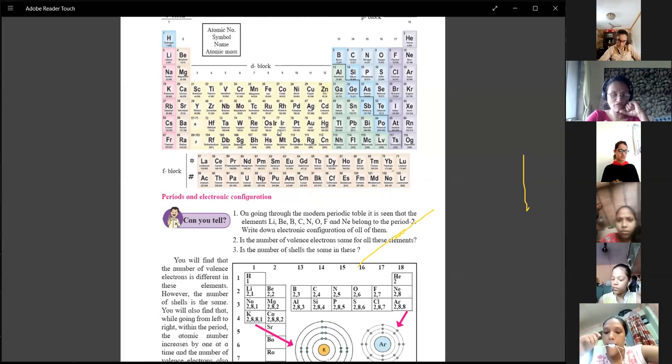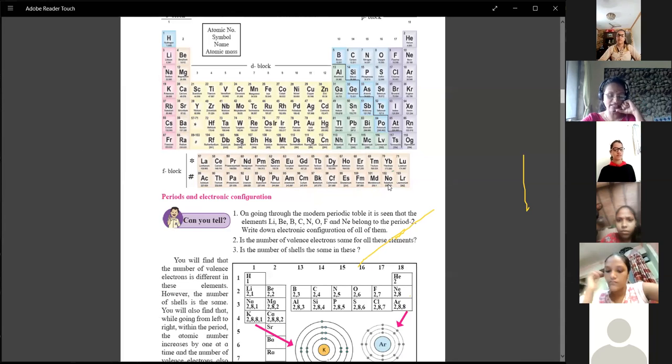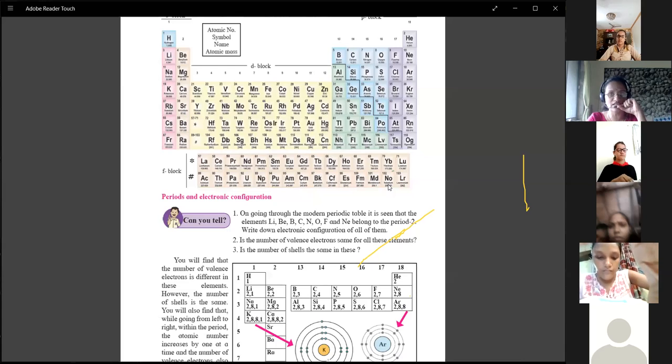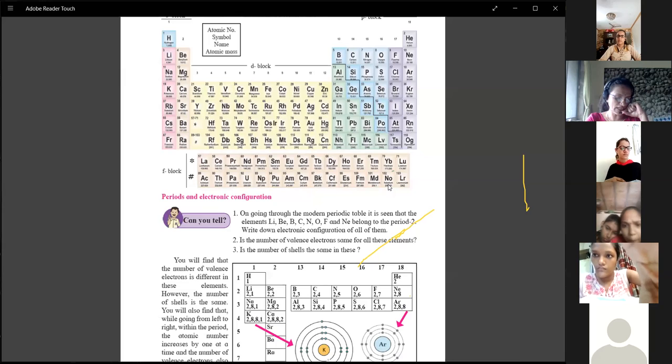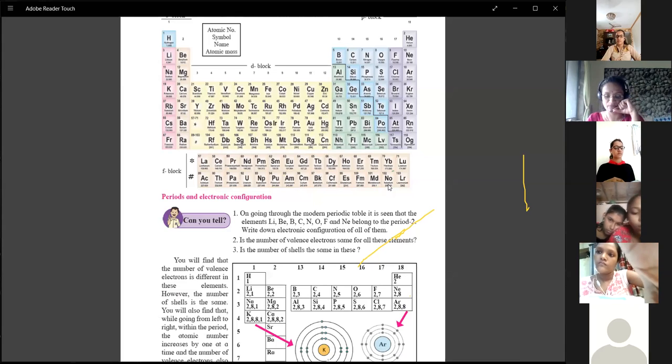In the group, when we go from top to bottom, which characteristics do we find? That is, atomic radius increases because one shell is added again. Electronegativity and non-metallic character decrease, while electropositivity and metallic character increase.